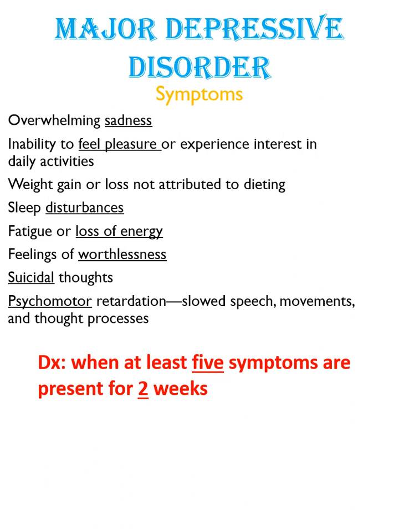So we get a diagnosis of major depressive when we have 5 of these symptoms for at least 2 weeks. There are some caveats to that that I know is in your book. Like if someone has a major loss, we'll go ahead and start treating to prevent. But typically this is our diagnosing criteria.